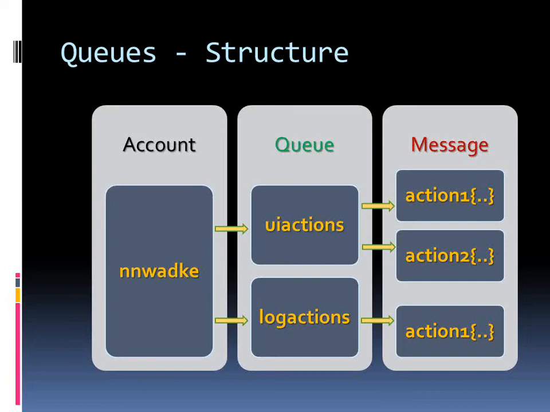So queues are one of the best choices if you want to send some actions, commands, or logs from your web role, which is UI specific, into your background processing, which is your worker role.